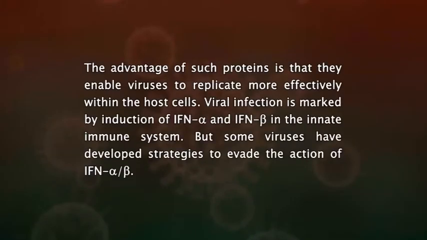The advantage of such proteins is that they enable viruses to replicate more effectively within the host cell. Viral infection is marked by induction of interferon alpha and interferon beta in the innate immune system, but some viruses have developed strategies to evade the action of interferon alpha or beta.